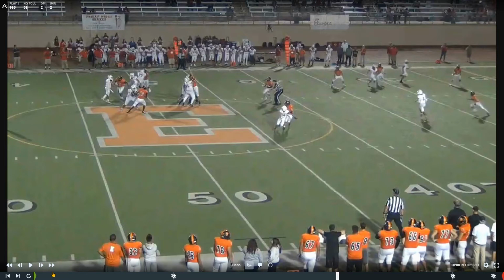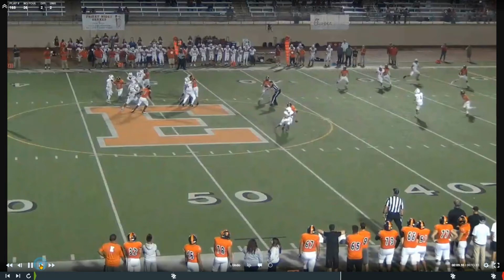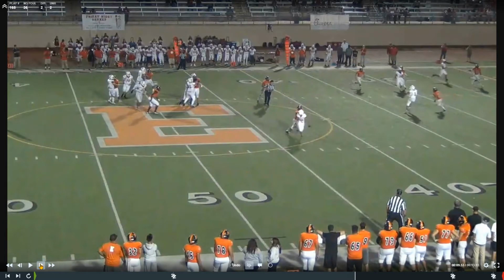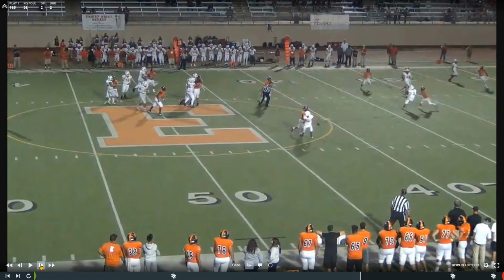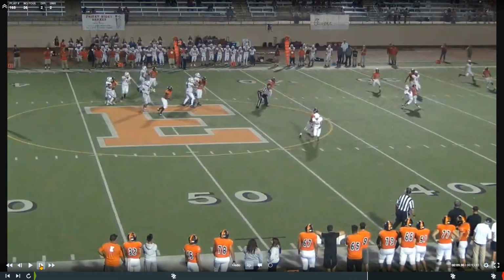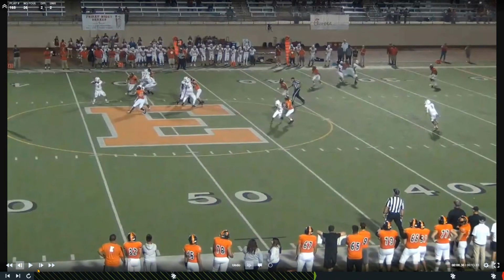He's not really playing the ball. Here comes the ball. Here comes the receiver. Bang, bang. Now, that hit is pretty high, and I would have to be there to make a judgment on excessive contact, but I tend to err on the side of protecting the players.